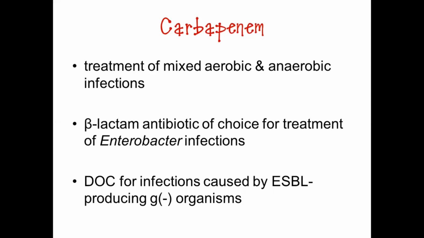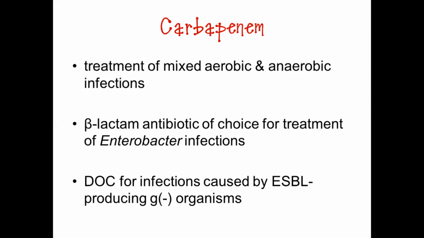So, ano ba pag sinabing ESBL? It's an extended spectrum beta-lactamase producing gram-negative. Ano nga, for sure sinabi ko na yan before. Paano natin ma-detect yung ESBL? Resistance to at least 3 cephalosporins, no?